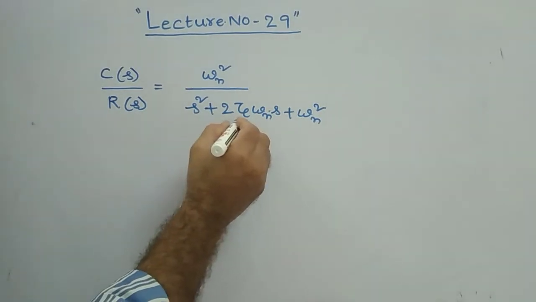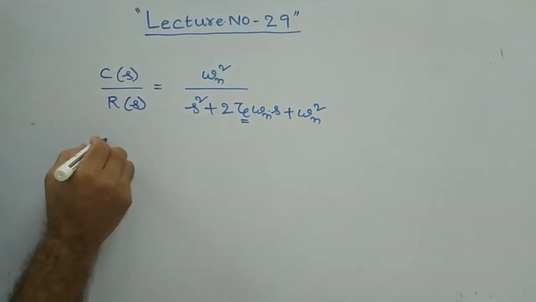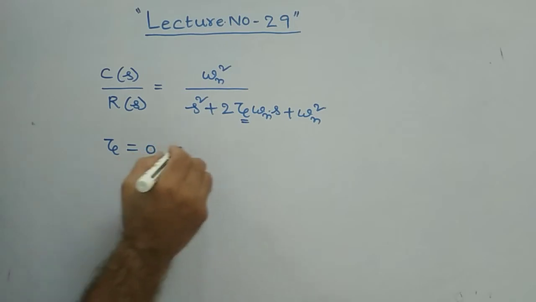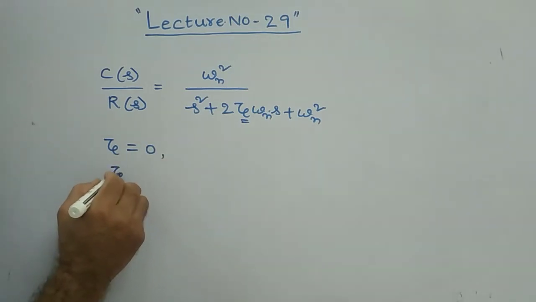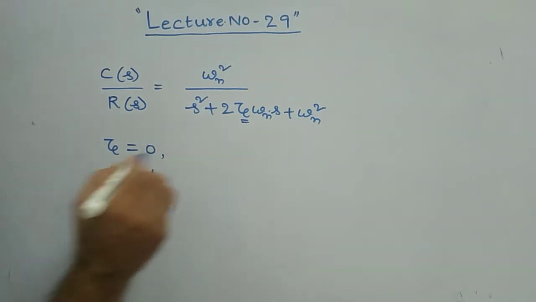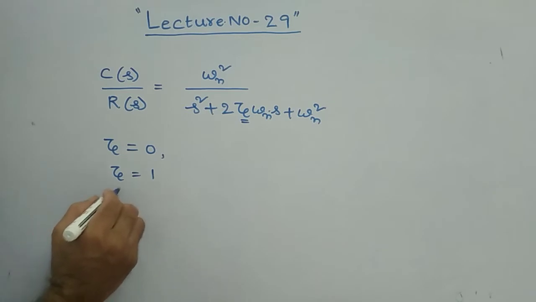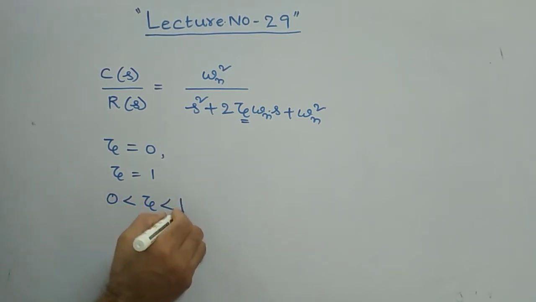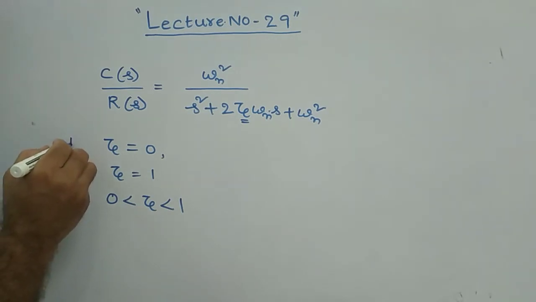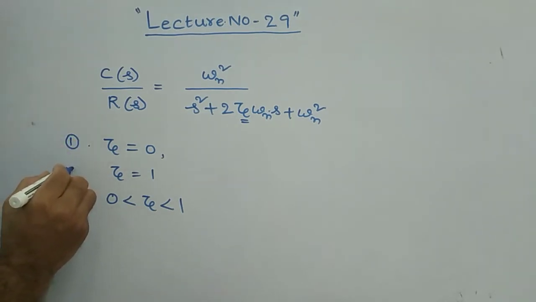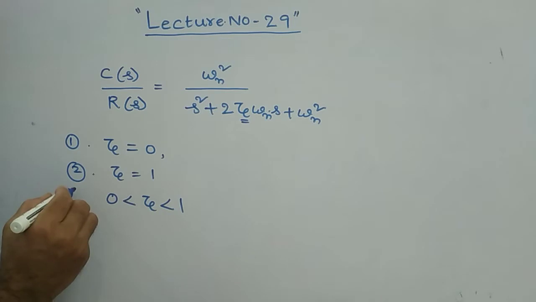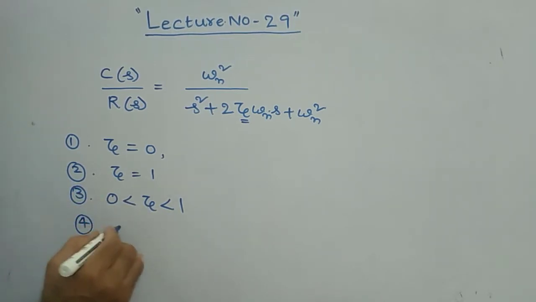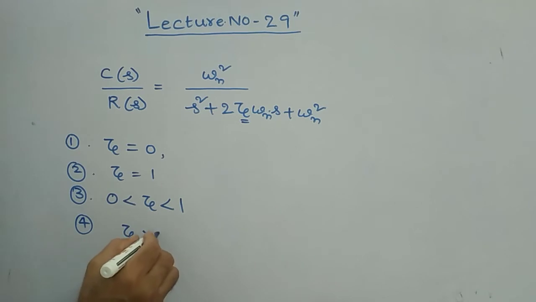Depending on zeta, zeta equal to 0 is called an undamped system, zeta equal to 1 is called a critically damped system, zeta between 0 and 1 is the third condition, the underdamped system, and the fourth condition is zeta greater than 1, which is called an overdamped system.